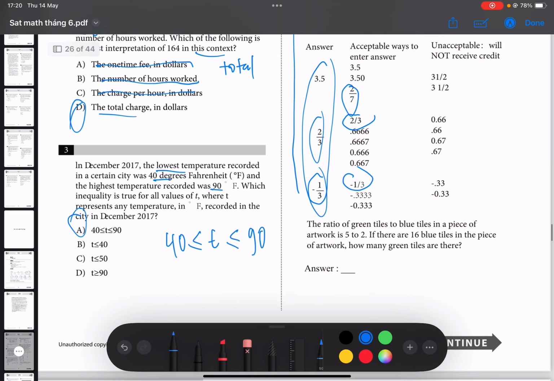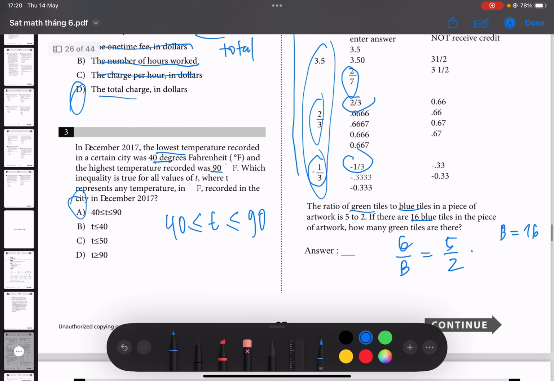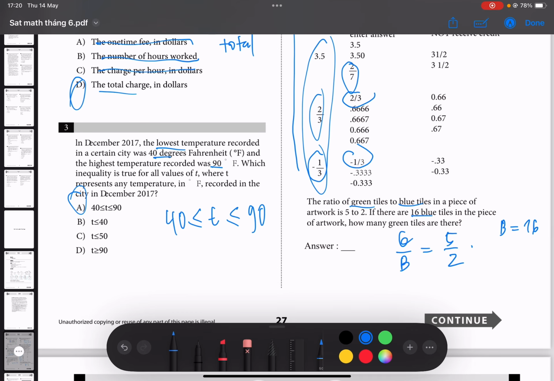The ratio of green to blue in a piece of artwork is 5 to 2. If there are 16 blue in the piece of artwork, how many green are there?